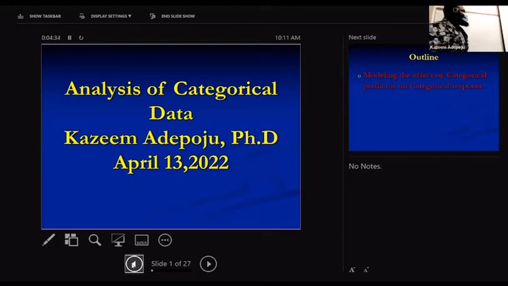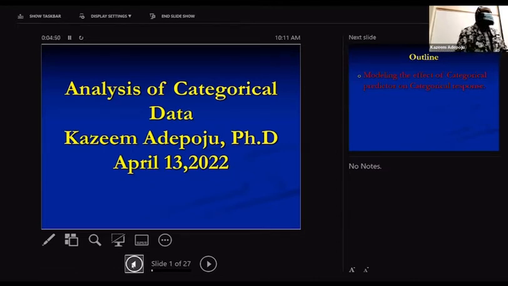Today, we basically want to focus on analysis of categorical data. Now, before I go into this, I want to have a recap.